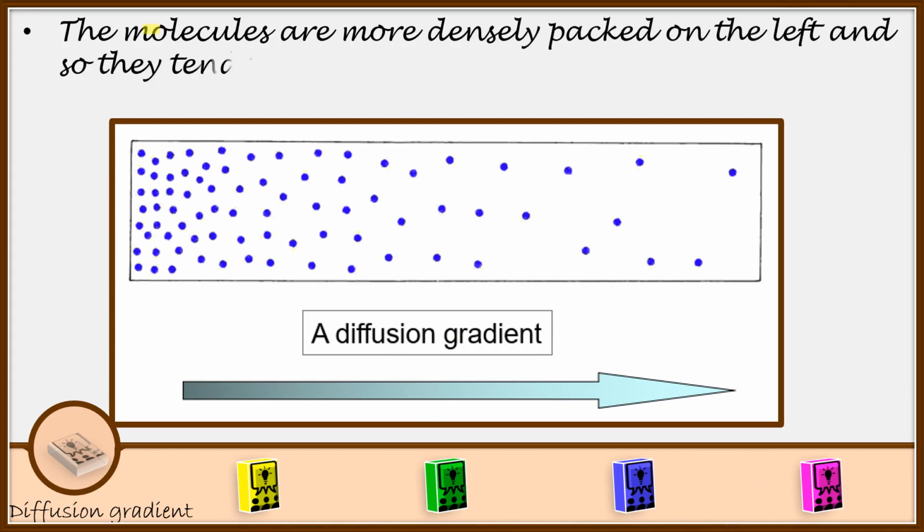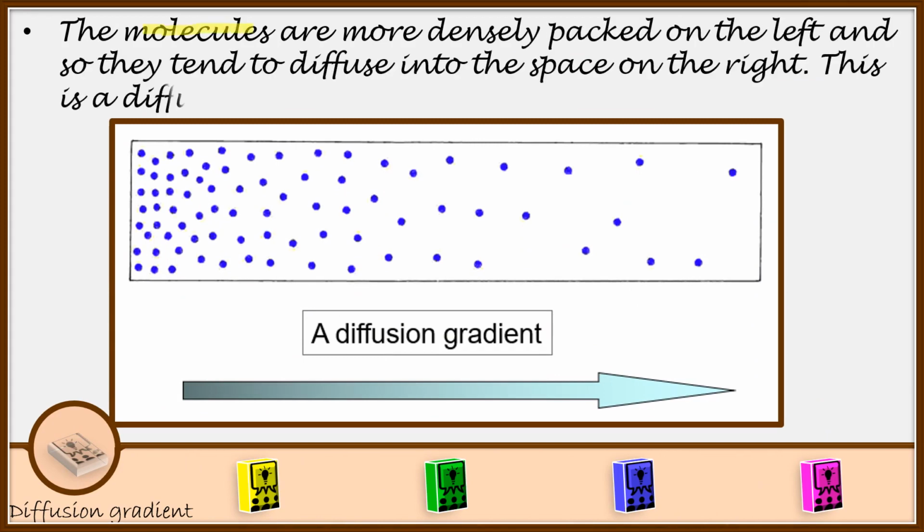The molecules are more densely packed on the left, so they tend to diffuse into the space on the right. This is a diffusion gradient.